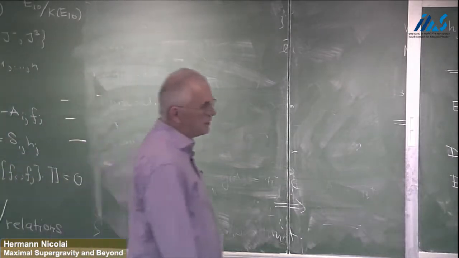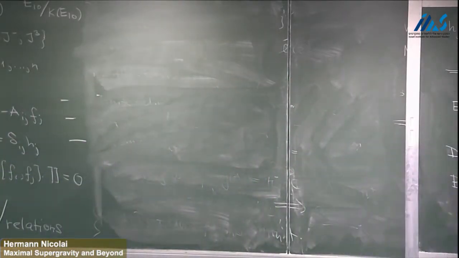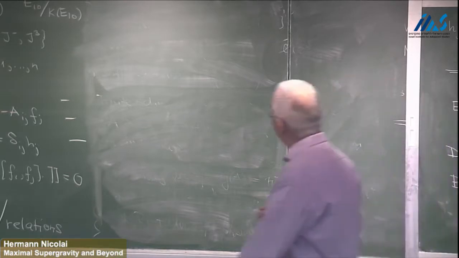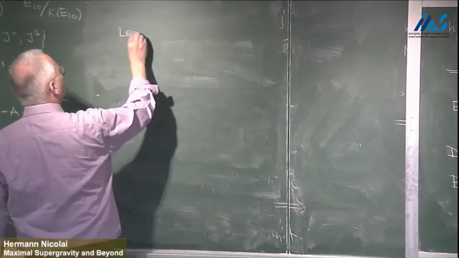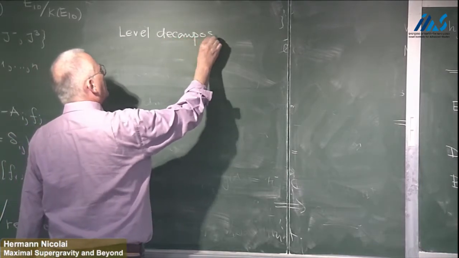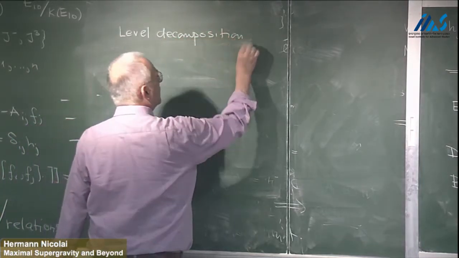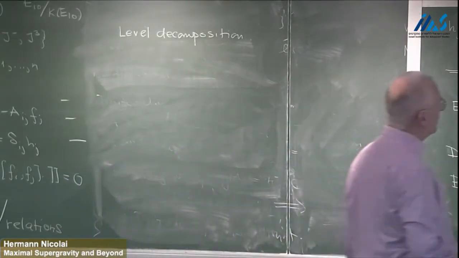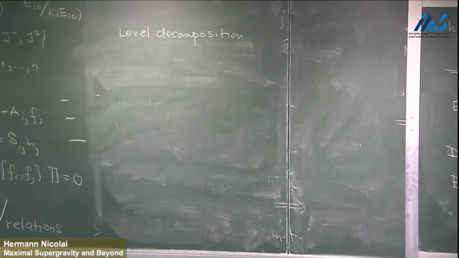One way to do it, the poor man's way of approaching the subject, not what the mathematicians would do, by the way, is what we call level decomposition. And this means the following. We call this root alpha 0, the one that's associated with this node. And let me call the others 1, 2, 3, 4, up to 9.